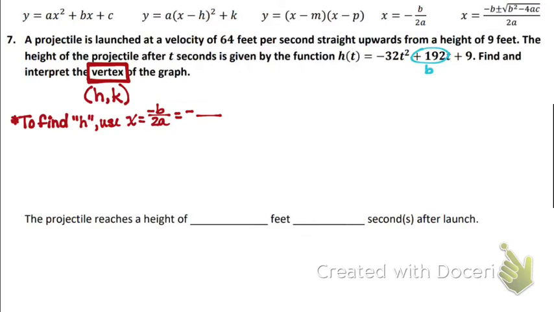So I have negative, and then I'm going to substitute in, what is our b value here? 192. Over 2 times a, what is our a value? Negative 32. So up in my numerator, I have negative 192. Down in my denominator, I have negative 64.